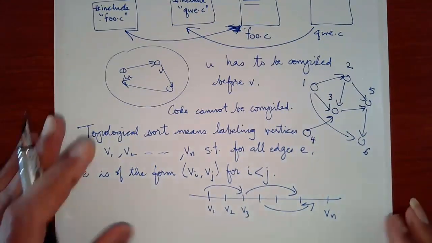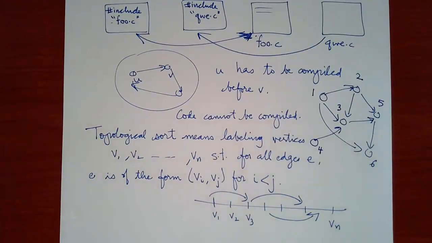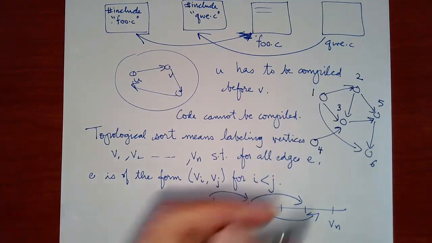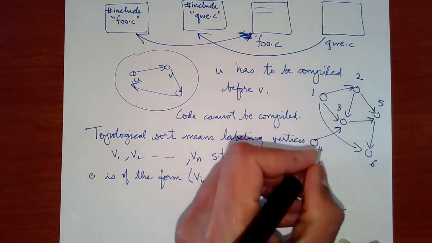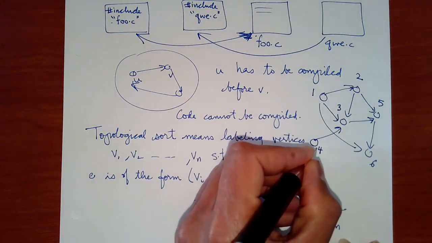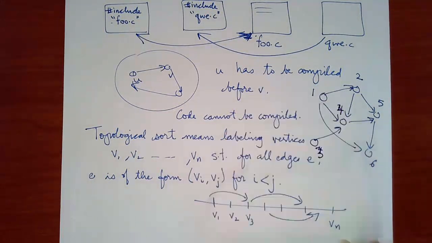Does everyone see that this is a valid topological ordering? Isn't 4 going into 3? Oh, I'm sorry. 4 is going into 3, so this is actually not a valid topological ordering. Thank you. So this would be 3, and that would be 4. Good catch. Yes, now this is a valid topological ordering. Sorry for that mistake.